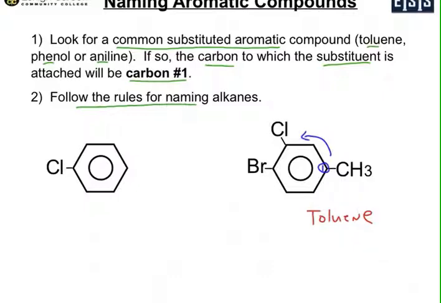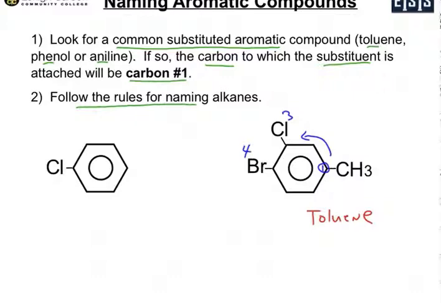If we go counterclockwise, this chlorine gets to be number 3 and the bromine 4. But if we went this way, you should see this is going to be 4, but then the chlorine gets 5. And that increases the numbering, so we're not going to go in that direction. So we've identified chlorine is at the 3rd position, bromine at the 4th on this toluene.